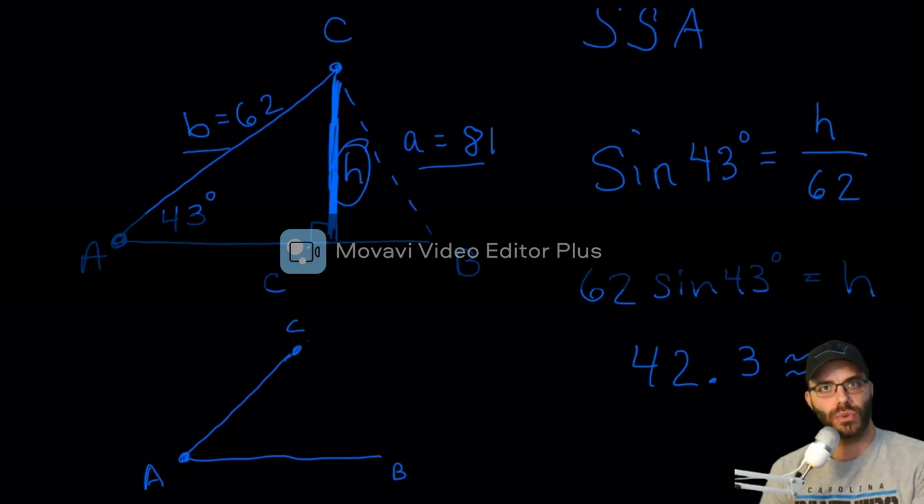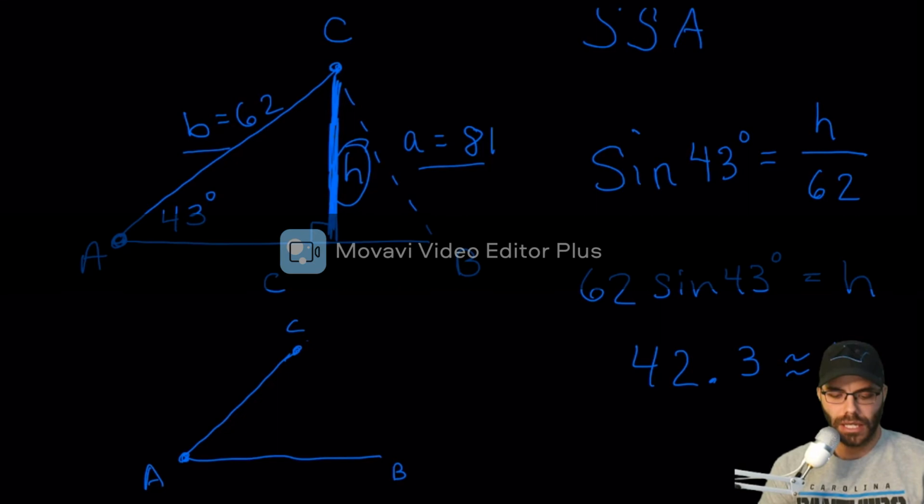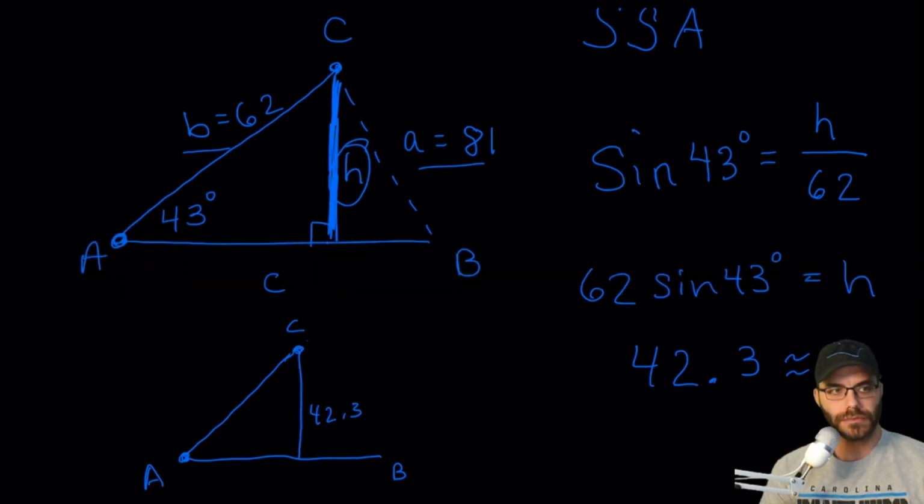H is 42.3. Let's say that we had a side length A that they told us was 40. Well, that cannot be possible, right? Because if the height is 42.3 and side length A is less than that, there would be no possible way to close this triangle with that third side. It wouldn't be possible because we could not close that third side. We could not close the triangle, right?